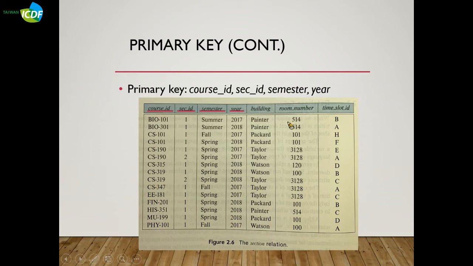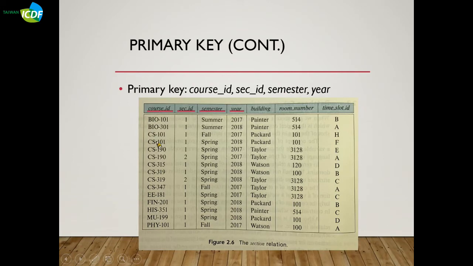So if we want to identify the unique tuples in this table, we have to use the combination of four columns. If we use single columns, such as course ID, there are some duplicate values, and these duplicate values cannot help us to find the specific tuples.